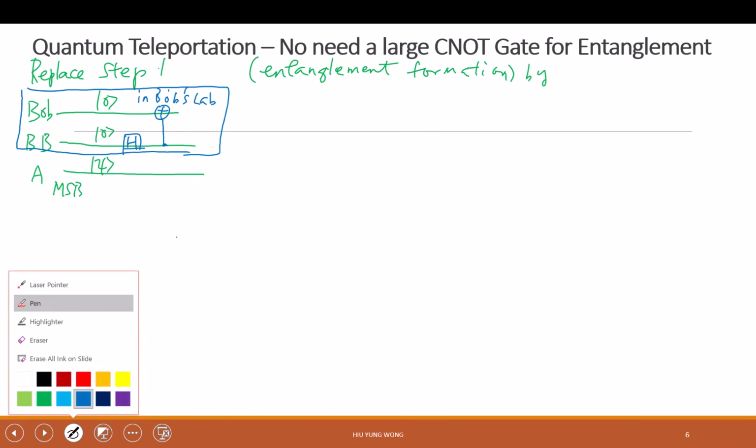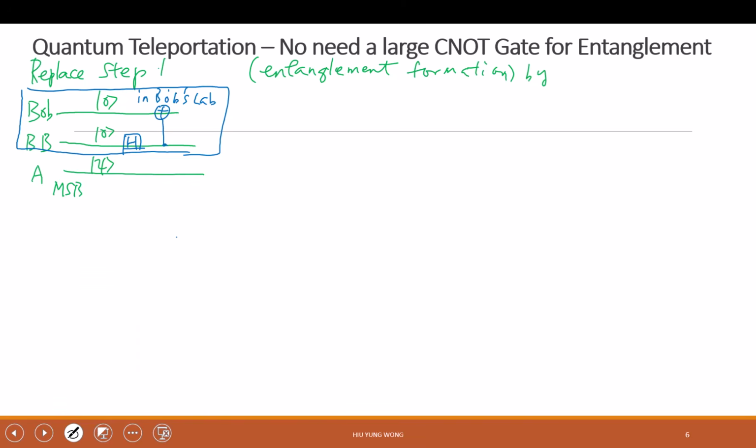So let me just draw a line here. What is the total state of this system? It's going to be psi A, because MSB is at the bottom, 0 BB, and then 0 B. That was the initial state, correct?